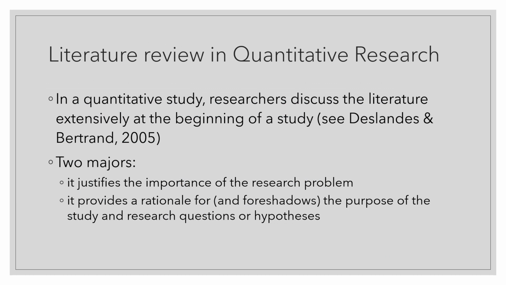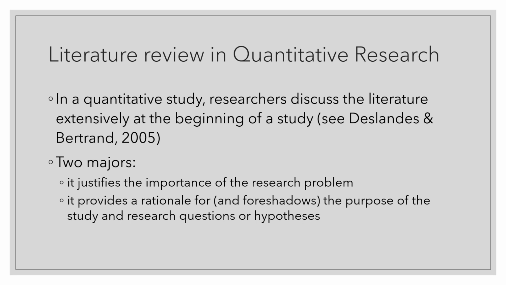Literature review in quantitative research. In quantitative study, researchers discuss the literature extensively at the beginning of the study. This is based on Creswell and Plano Clark 2005. There are two measures in quantitative research for the literature review: it justifies the importance of the research problem, and it provides a rationale for and foreshadows the purpose of the study and research question or hypothesis.